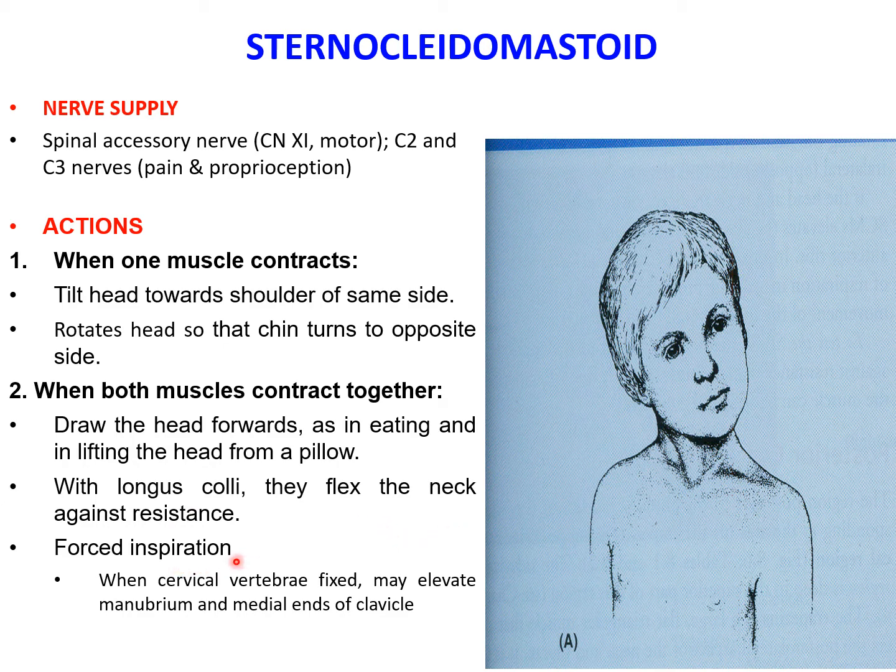The third action is when the cervical vertebrae are fixed, it may help in elevating the manubrium and the medial ends of clavicle, thereby assisting in forced inspiration. So please remember all these actions of the sternocleidomastoid muscle when it is acting unilaterally, the 2 actions, and when it is acting bilaterally, the 3 actions.